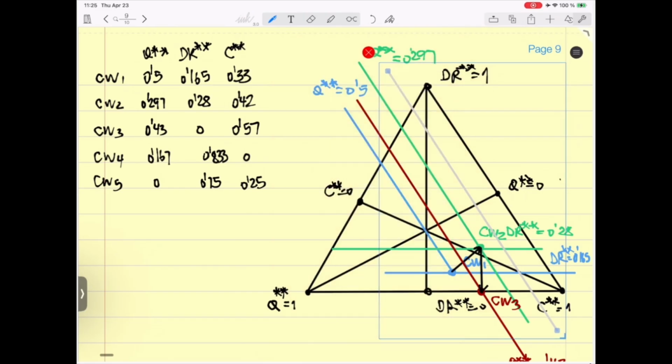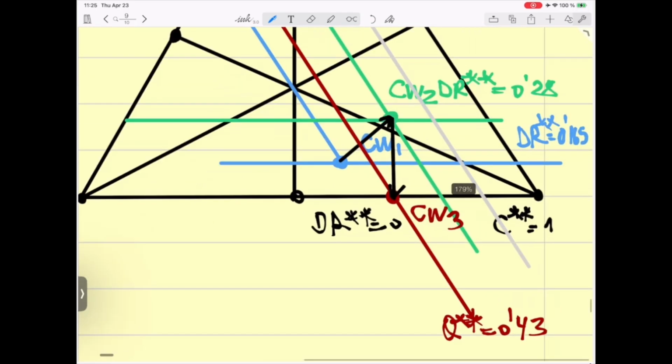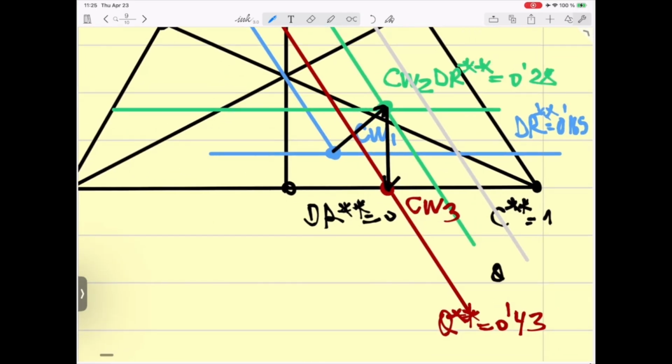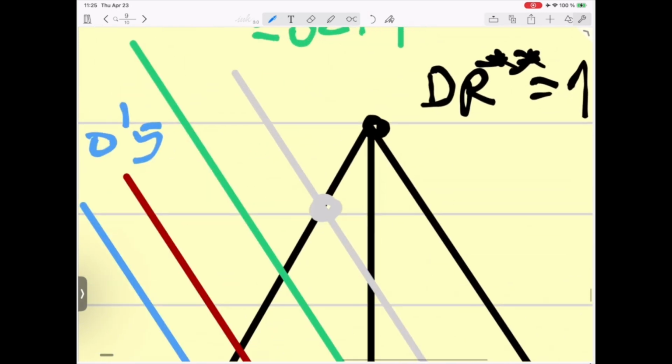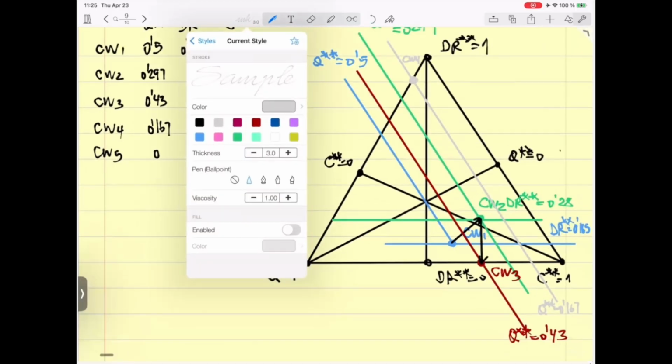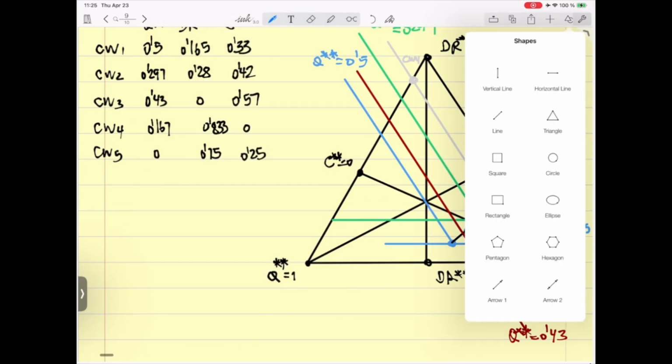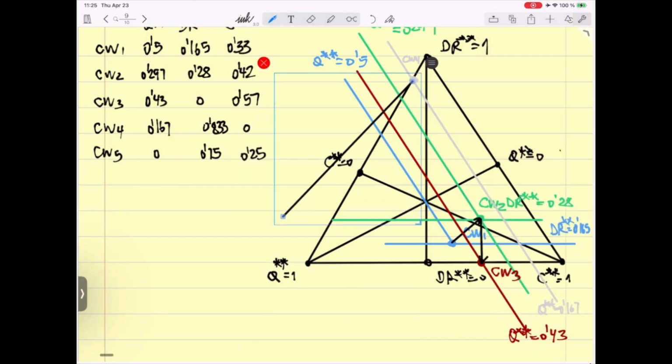So this line is for quality star 0.167, sorry. And then we know that our calendar week 4 is right there. So the company is moving again. System is moving like this.